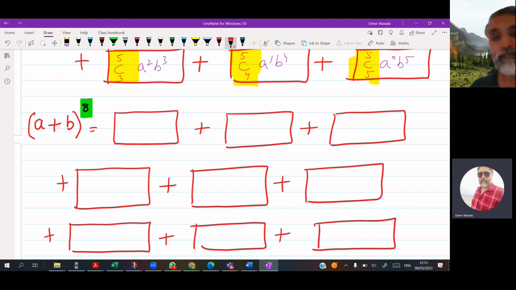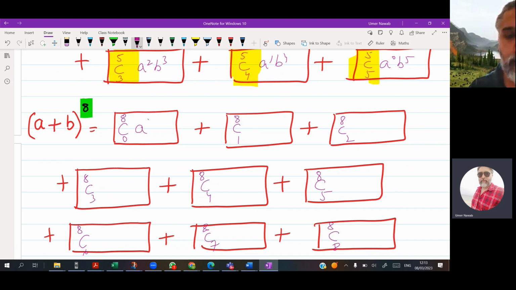Going to get 9 terms. So how am I going to get the numbers? The binomial coefficients first: 8C0, 8C1, 8C2, 8C3, 8C4, 8C5, 8C6, 8C7, and 8C8. And then A to the power 8, 7, 6, 5, 4, 3, 2, 1, 0.